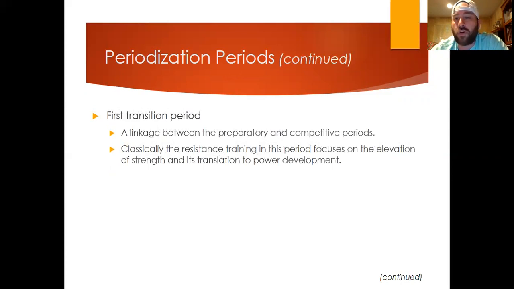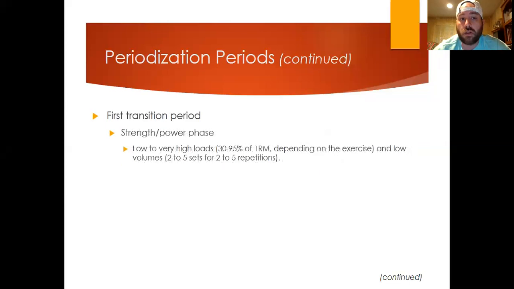Then we have what we call the first transition phase. It's a linkage between the prep and the competitive phase. Classically, the resistance training in this period focuses on the elevation of strength and its translation to power development. We have what we call a strength and power phase. So there are very high loads, anywhere between 30 and 95% of the 1 rep max, depending on which exercise.